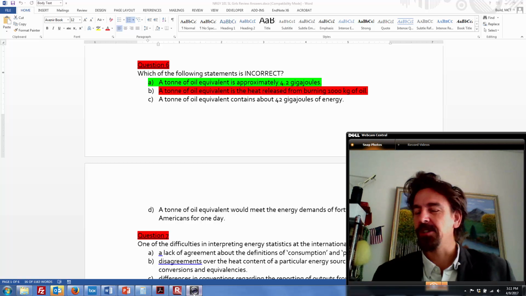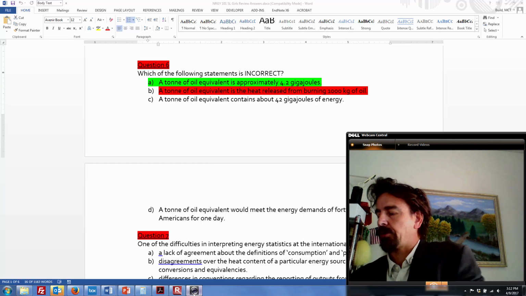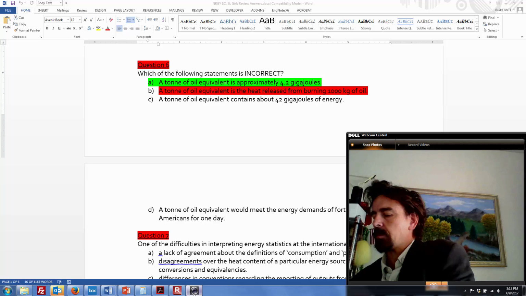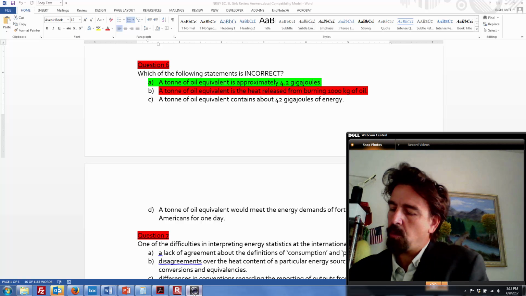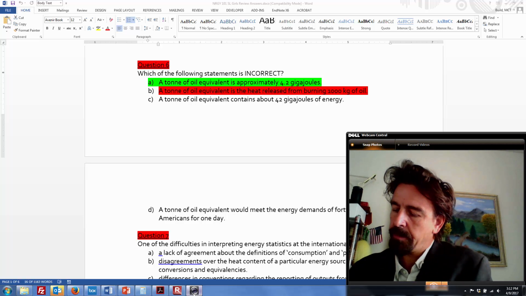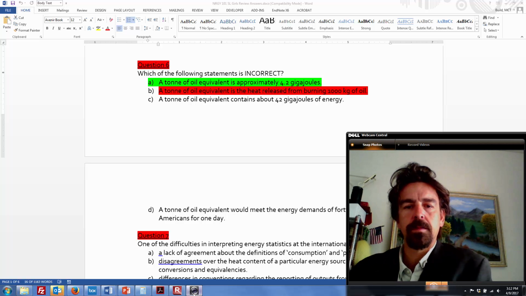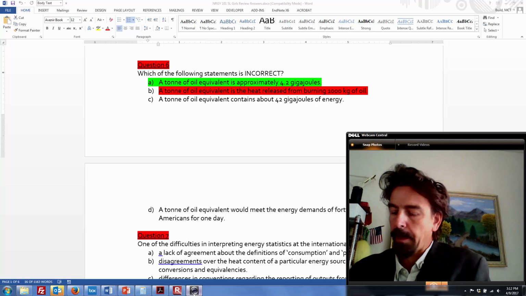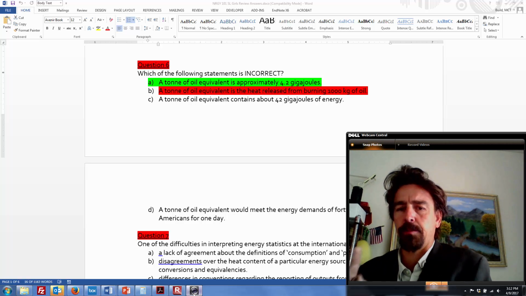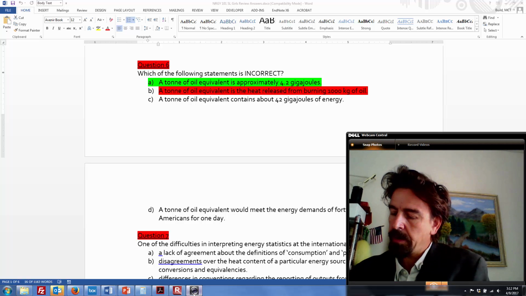Okay, so let me draw another picture here. So if we have 1 ton of oil, 1 tonne, that's the British spelling, that is 1,000 kilograms of oil.